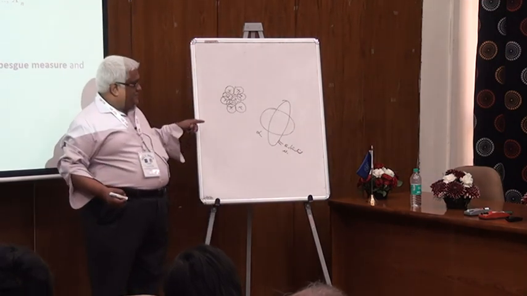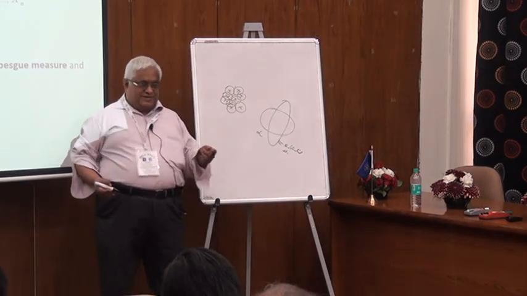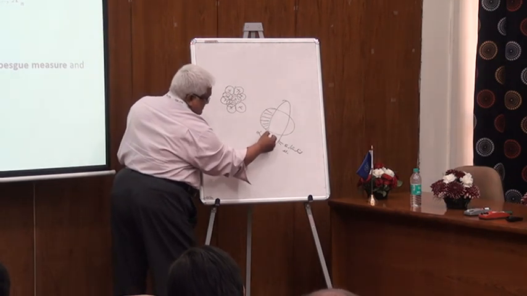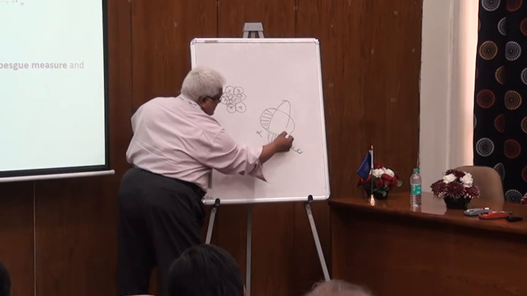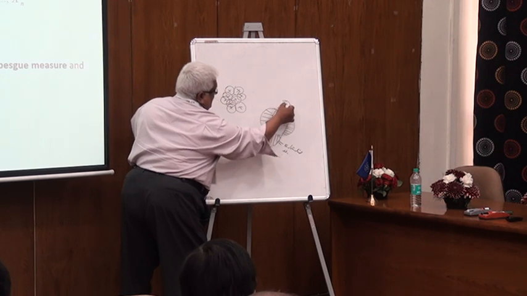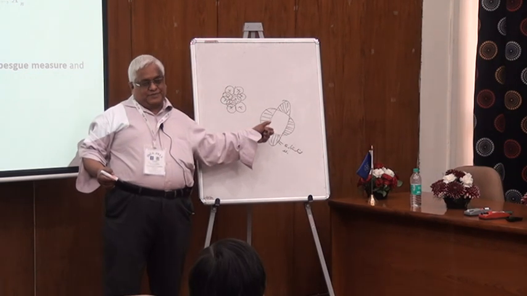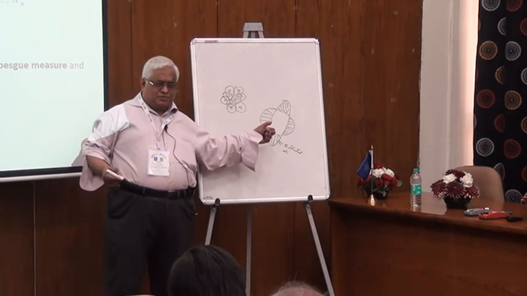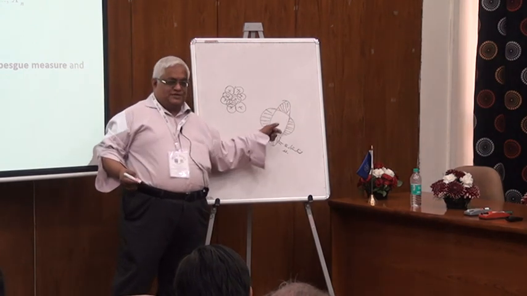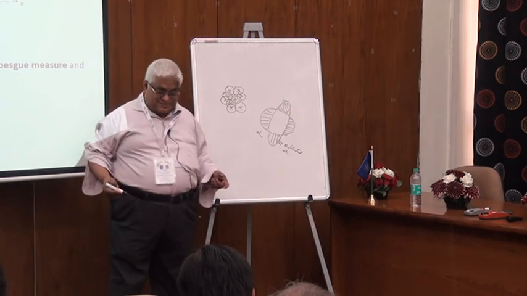Take the symmetric difference. Symmetric difference means all the areas which are not common to both: this portion, this portion, this portion, and this portion. This is common to both, so the rest is the symmetric difference.